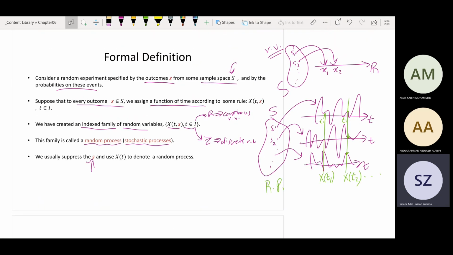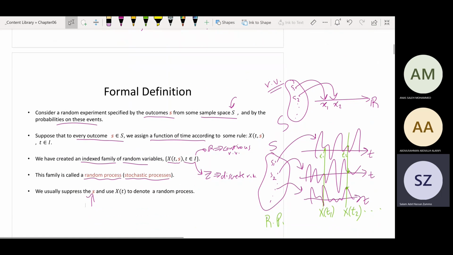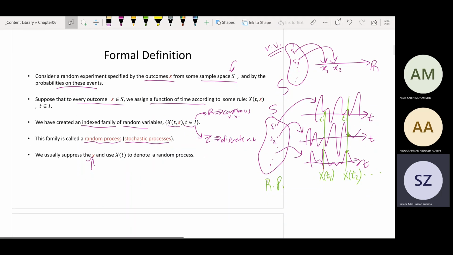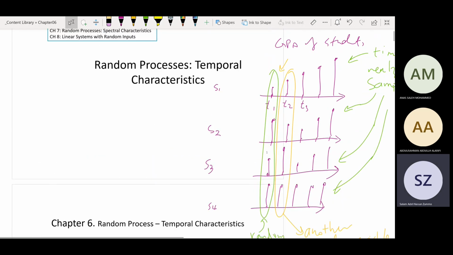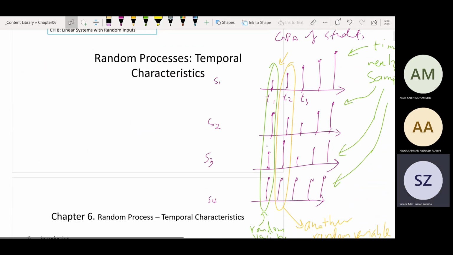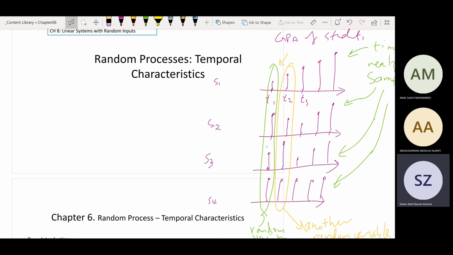These are sample functions. I'm just drawing it, let's say, in general. But in the example I gave you about the GPA, the function will be a series of impulses.